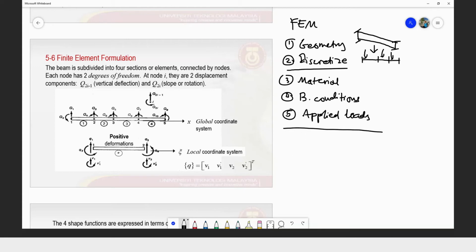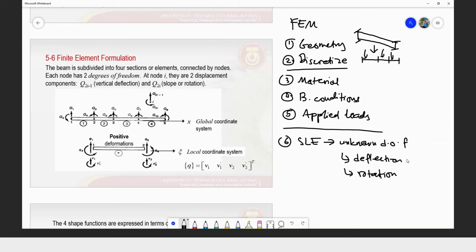Then after that, we rearrange our equations in the form of a system of linear equations and solve for the unknown degrees of freedom. So in our case, our degrees of freedom are in the form of deflection and also rotation. So ini adalah untuk beam problem.